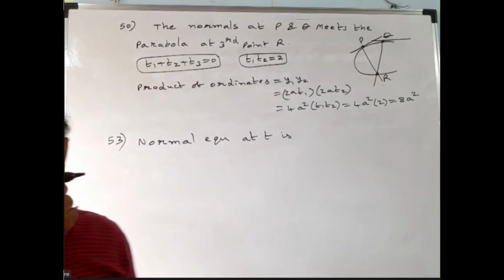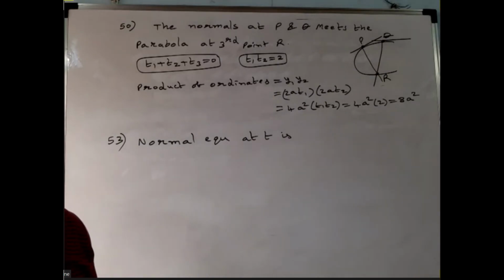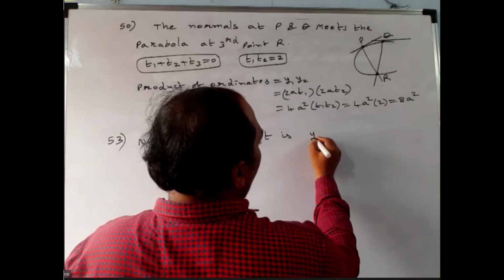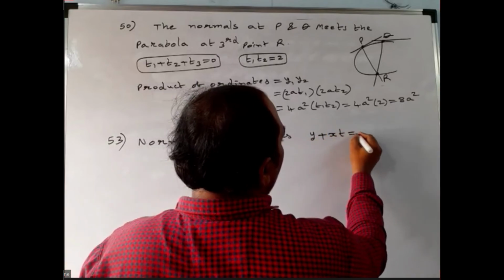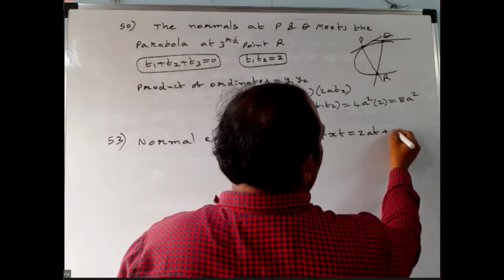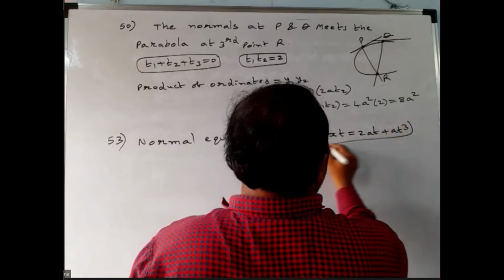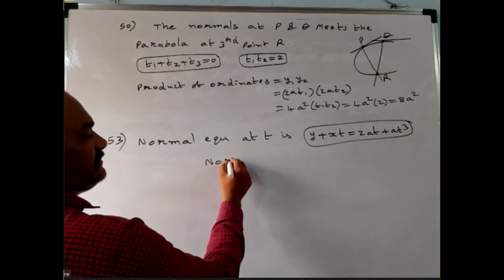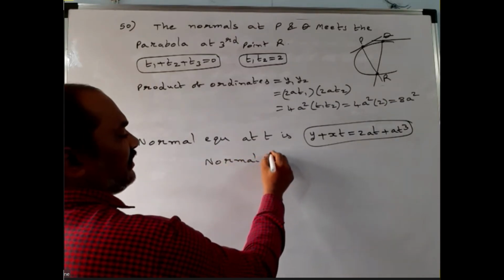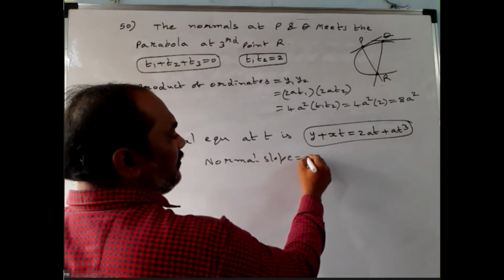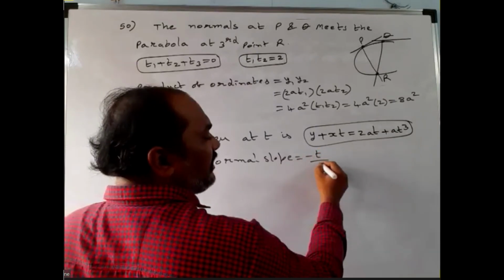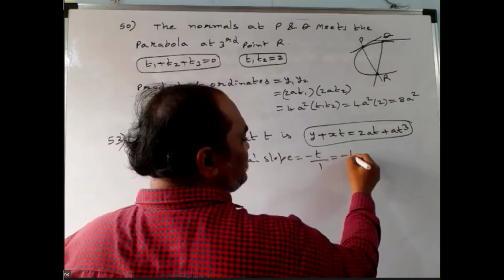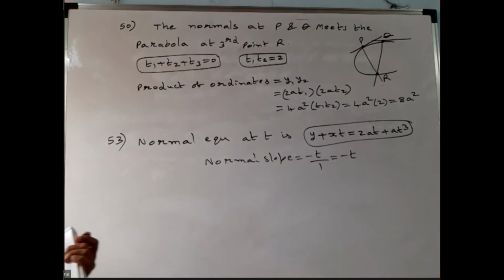The equation of the normal at t in parametric form is y plus xt is equal to 2at plus at³. A lot of times I told you. The slope of the normal is minus x quotient by y quotient, that is minus t. Completed.